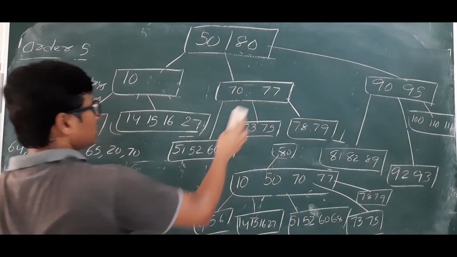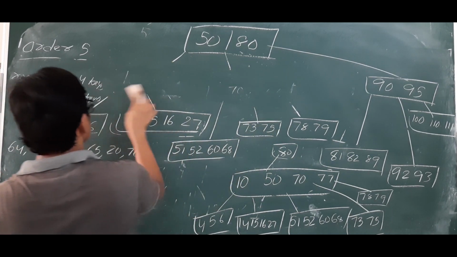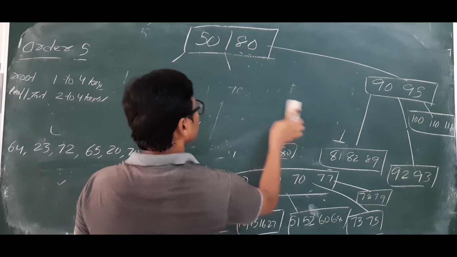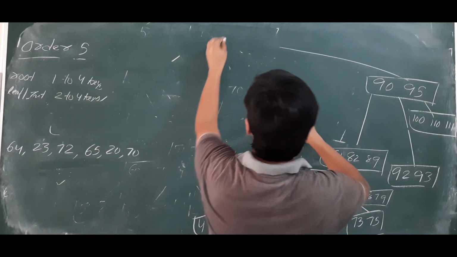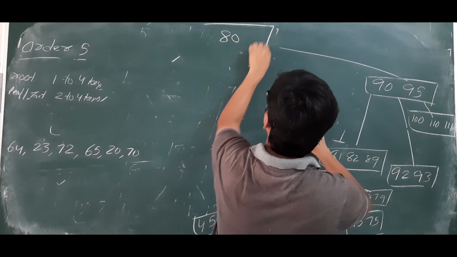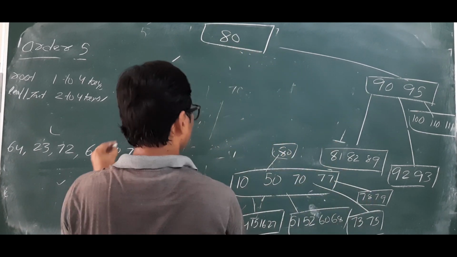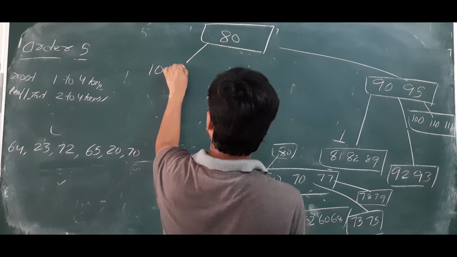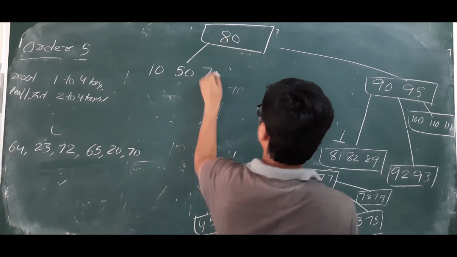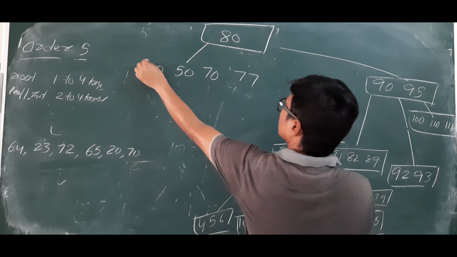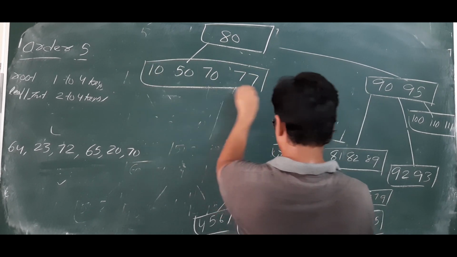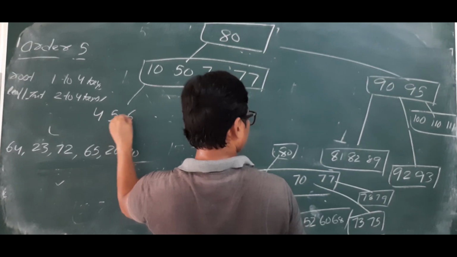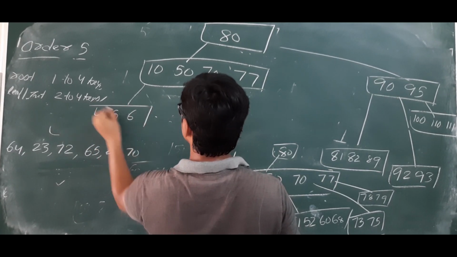Please bear with me for 2 minutes. So at the root node you will have 80. To the left of 80 you will have 10, 50, 70, 77. To the left of 10 you will have 4, 5, 6.